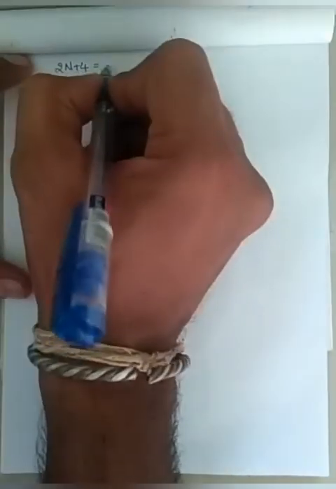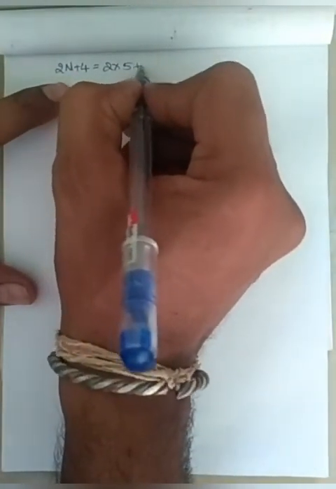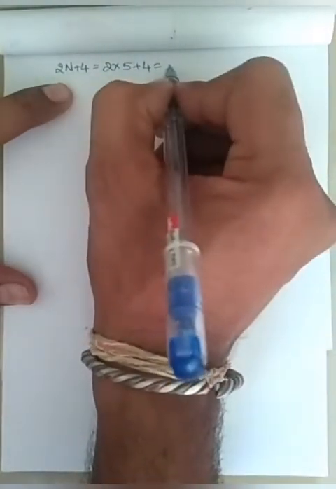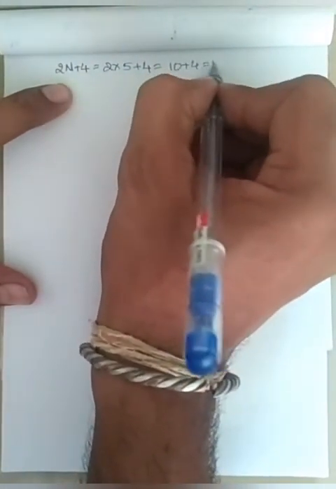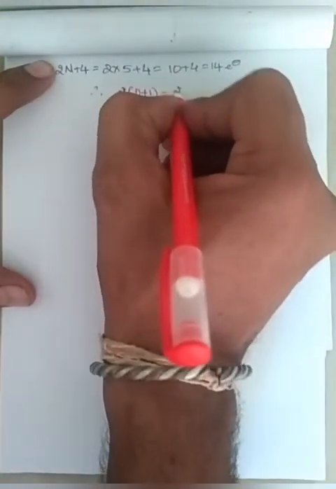So when it comes to the next, 2 into capital N plus 4, if you calculate 2 into the number of metal atoms, which is 5, plus 4, which means 2 into 5 is 10 plus 4, equal to 14. Therefore the skeletal electrons 2 into n plus 1 equal 2 into capital N plus 4.